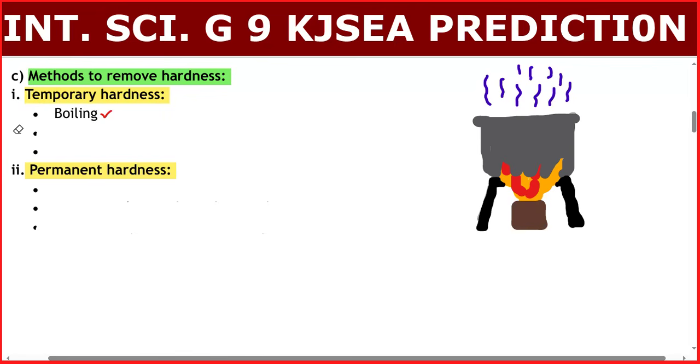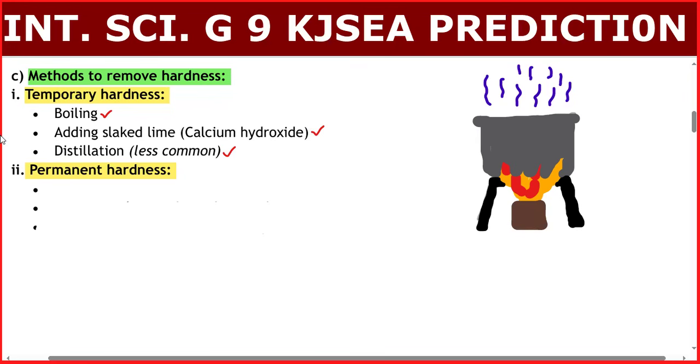The other one is, we can talk about adding slaked lime, that is calcium hydroxide. When you do that, the water will become soft again. Then we have another one which can work on both of them, which is called distillation. This is less common. You can use it to remove temporary hardness.